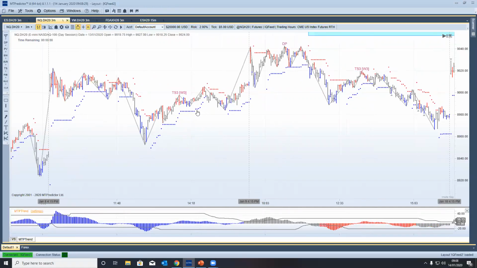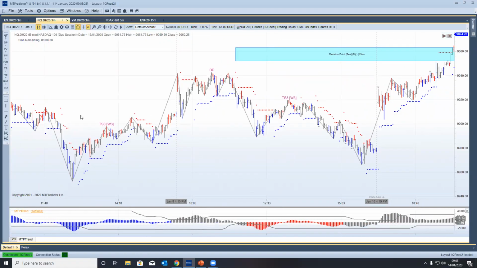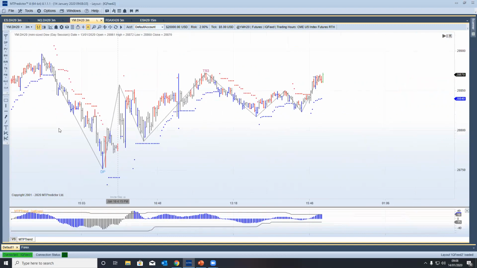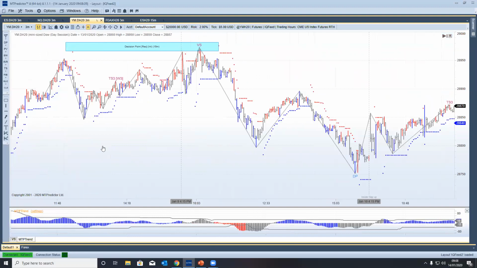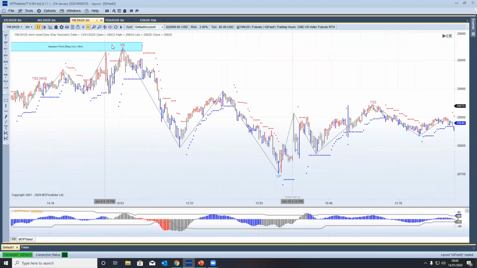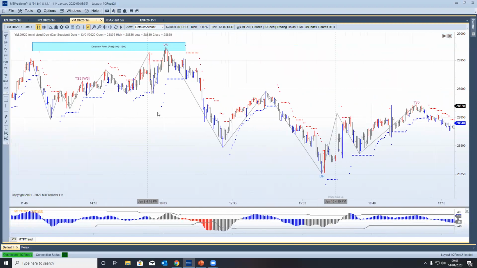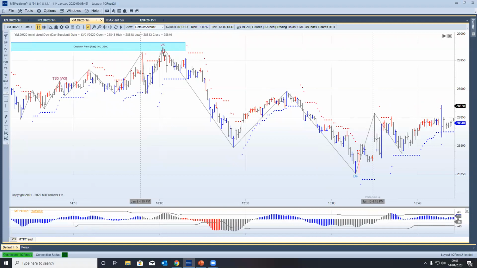So I made a losing trade there. The next day, which was Friday, I took my eye off the ball, was distracted, and look what happened. I missed this. So this is where the YM on Friday on the 3-minute chart went up into its 15-minute DP. It then made a VS sell.